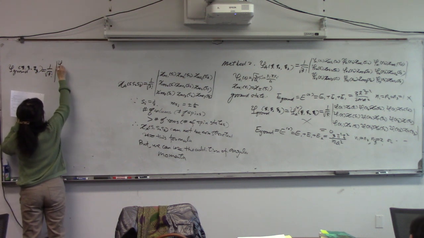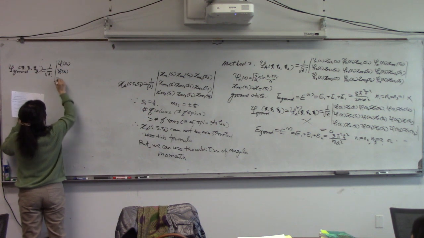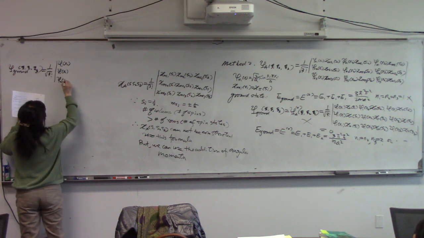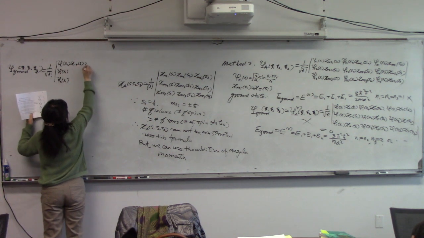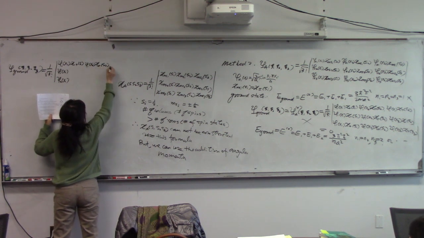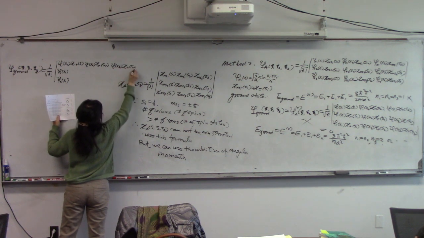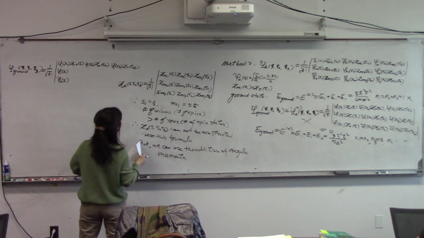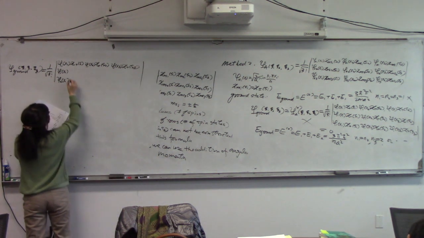So here, if I take the first 2 as N1 equal to 1, and the second one equal to 2. And here, I can have plus. I take plus. Okay.